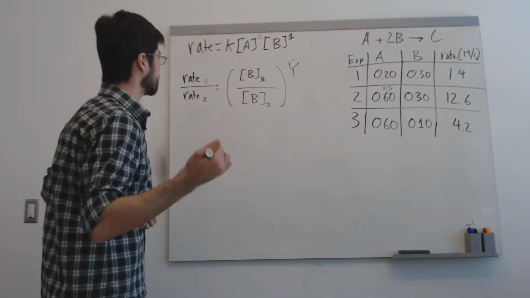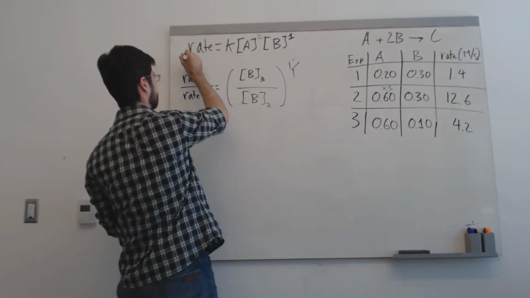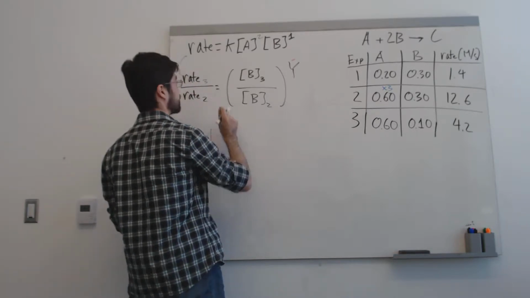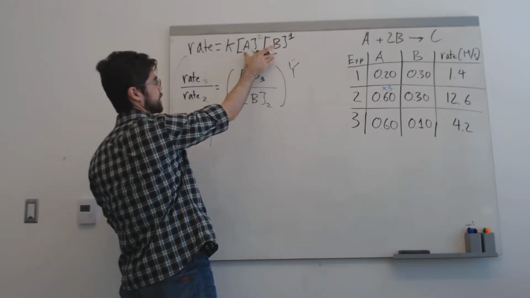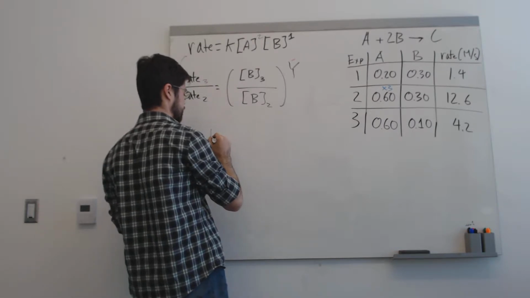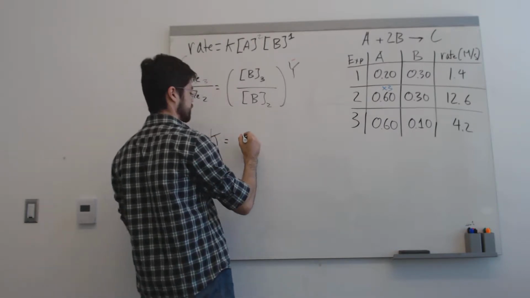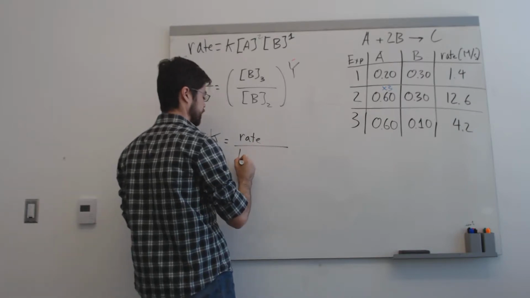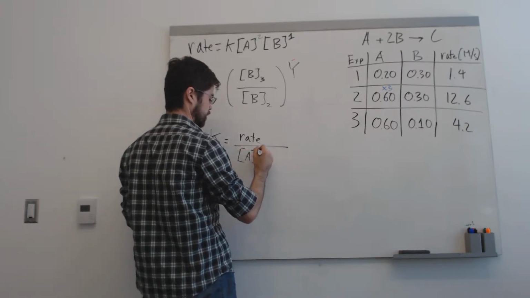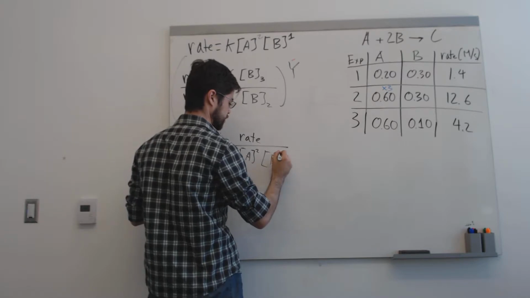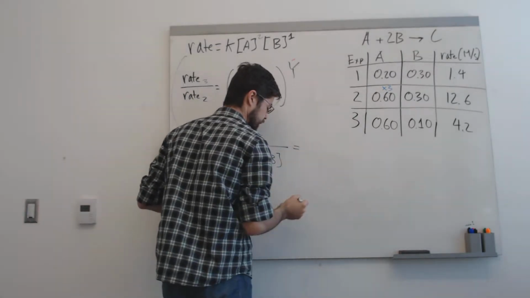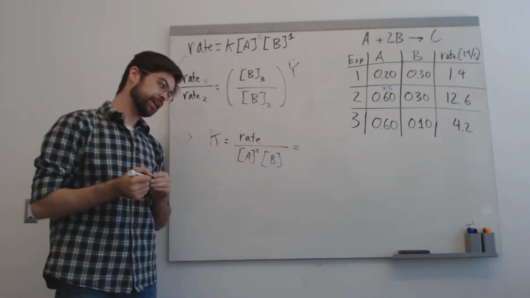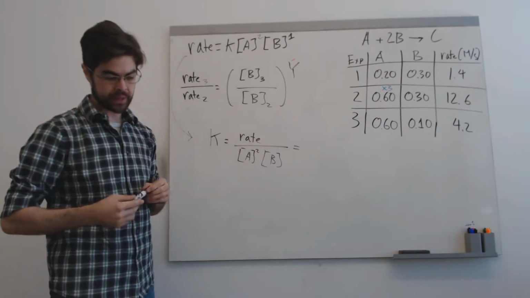I'm going to divide both sides by the concentrations. So the rate constant should be equal to the rate over the concentration of A squared times the concentration of B. And then I can use some of my data, plug that in, and calculate the rate constant.